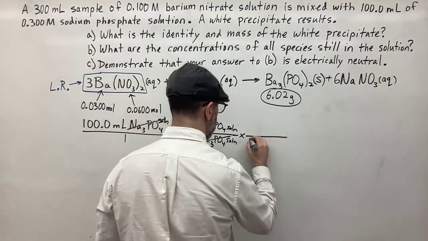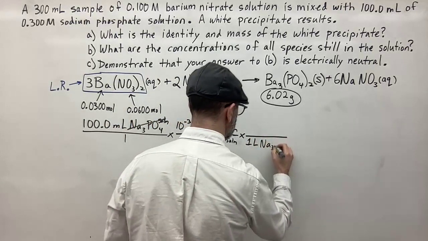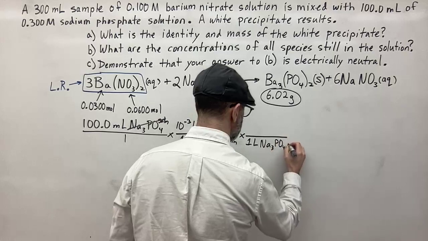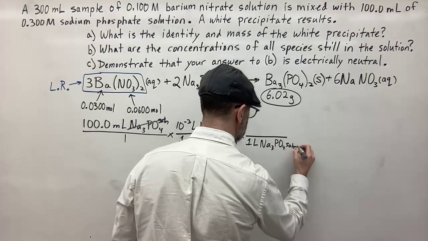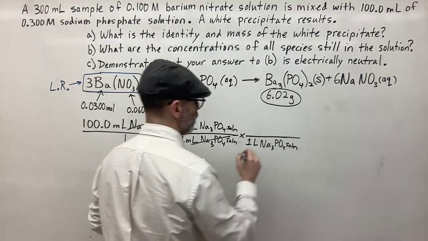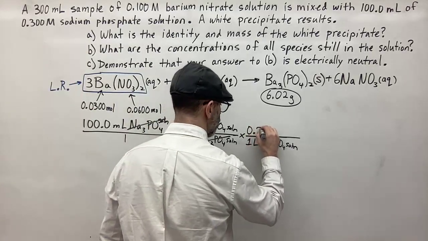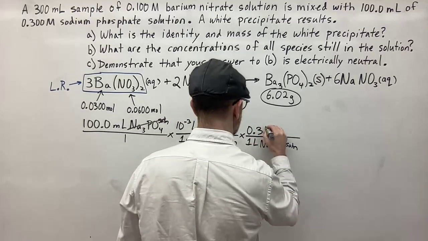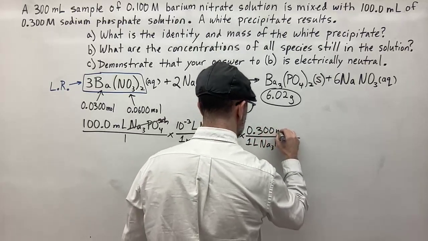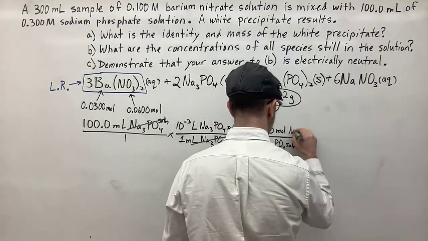So here, 1 liter of the sodium phosphate solution is going to give us 0.300 moles of the sodium phosphate.